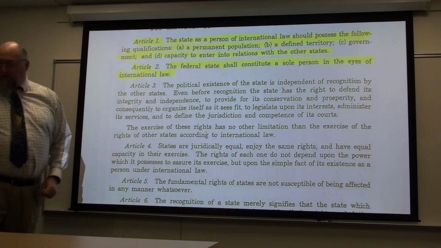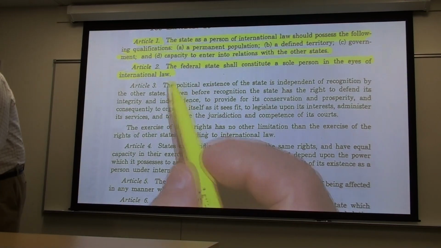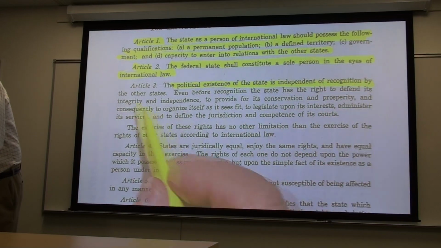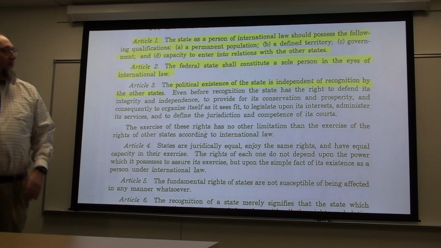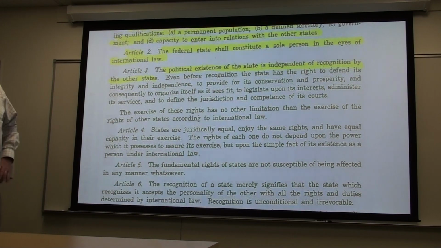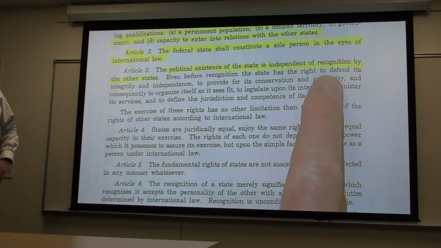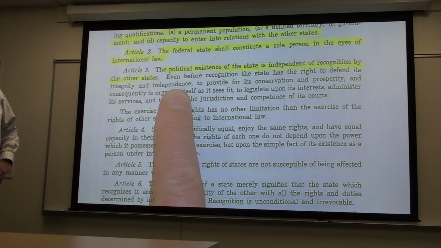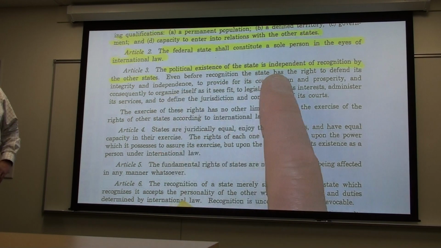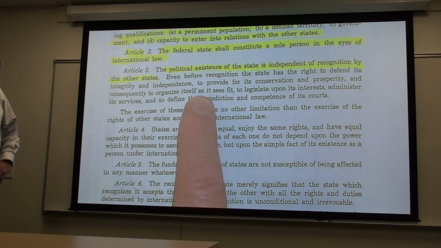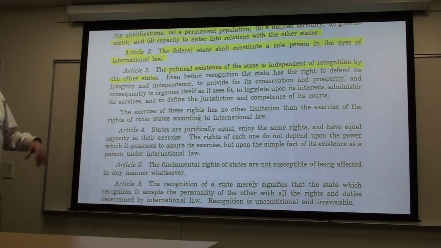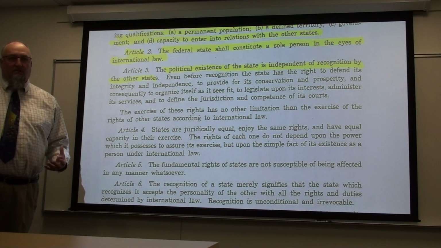Okay, Article 3. The political existence of the state is independent of recognition from other states. Even before recognition, the state has the right to defend its integrity and independence, to provide for its conservation and prosperity, and to organize itself as it sees fit, legislate, administer services, and define jurisdiction.